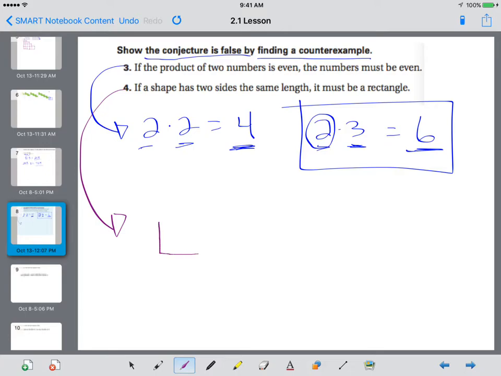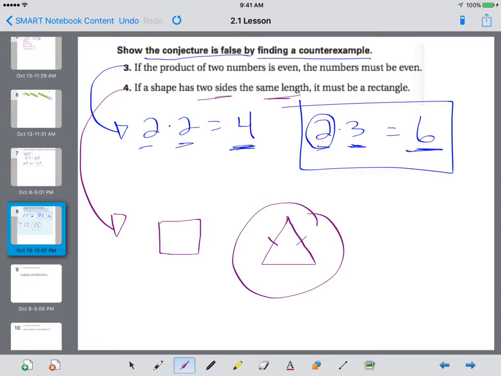I can think of a square because it has at least 2 sides. If we want to get more specific, I think of an isosceles triangle where those 2 sides are the same. So this shape right here has 2 sides that are the same length, and it is not a rectangle, it's a triangle.